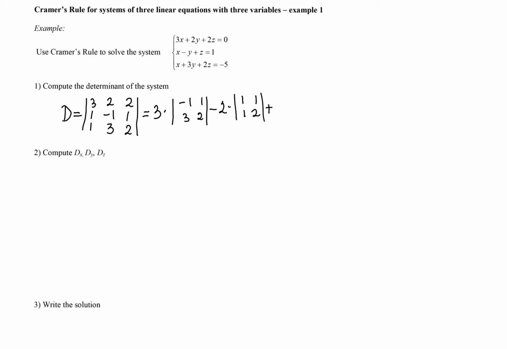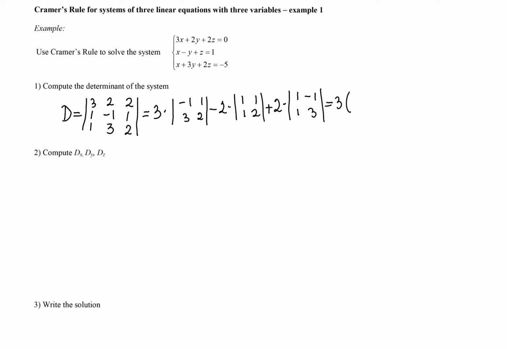And then we'll add the third entry in that row, which is 2, multiplied by the determinant obtained by removing the first row and the third column. And therefore the numbers are 1, -1, 1, and 3. Now we have 2 by 2 determinants, so we'll compute their values.